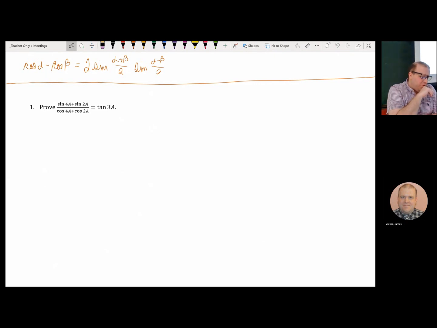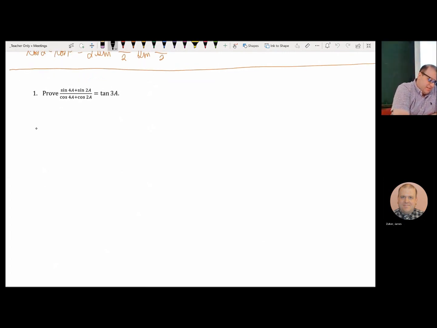Going to prove sine of 4a plus sine of 2a over cosine of 4a plus cosine of 2a is tangent of 3a. Use the sine sum to product.